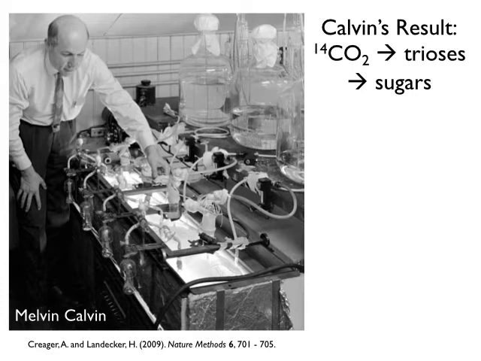And his key approach was to use C14 labeled carbon dioxide, radioactive carbon dioxide that could be traced through the reactions which now bear his name. And what he found was that after you introduce radioactive CO2 to plants, they rapidly incorporate those into 3 carbon molecules, trioses, and only later do they produce sugars.